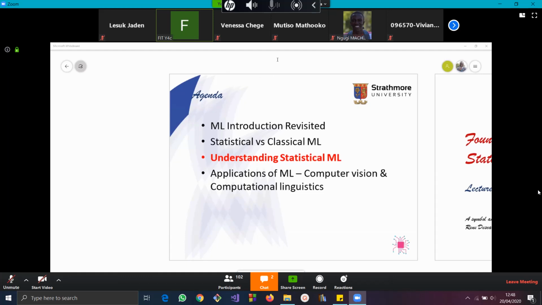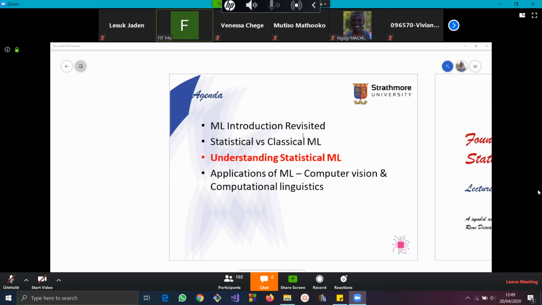Okay, fine. So we are back. The agenda always remains here. We introduced machine learning. We revisited it anyway because we had already introduced it in AI. Now we looked at statistical versus classical machine learning. That was on Friday. Then currently we are understanding statistical machine learning by revising some key mathematical knowledge that we actually need.